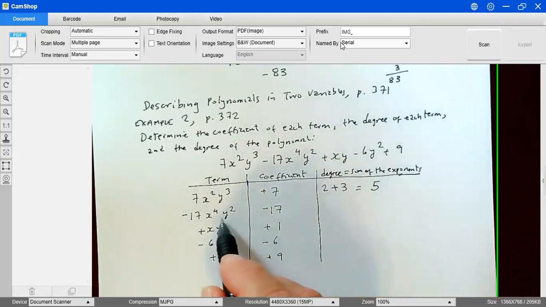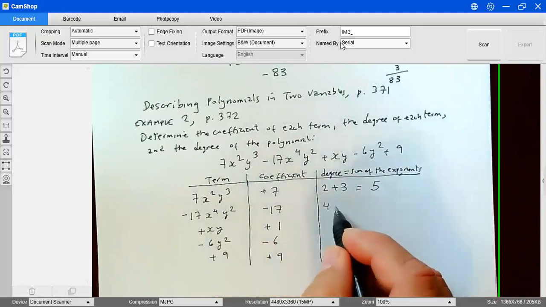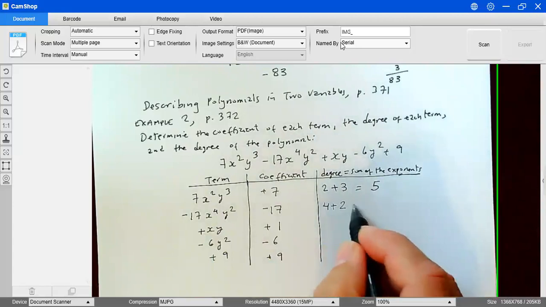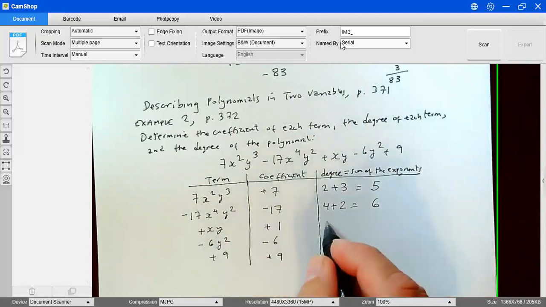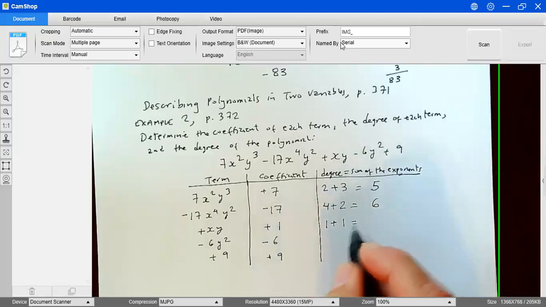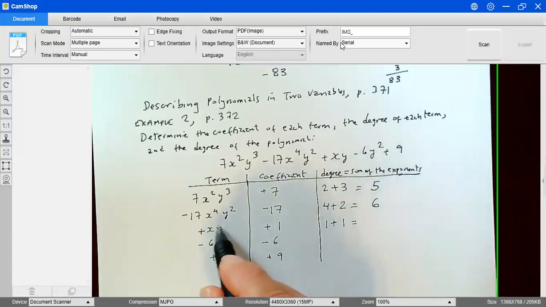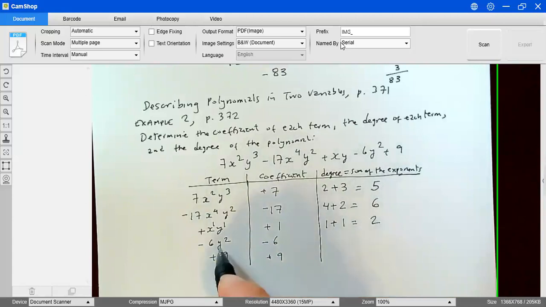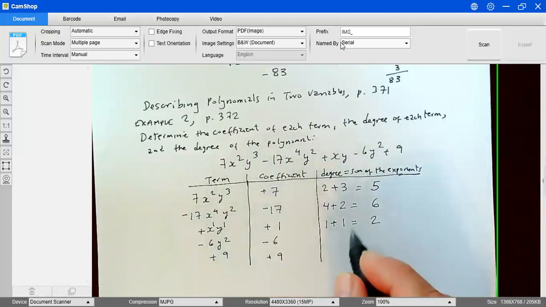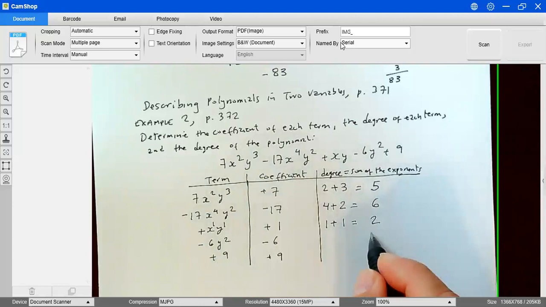In the second case, x is raised to the fourth power and y to the second power. So the degree is going to be 6. Then in this next case, we have x to the first power plus y to the first power. So we have ones here, remember. We don't see them, but they are there. So this is a term with degree 2. Then in the next case, we only have y squared. That's 2.